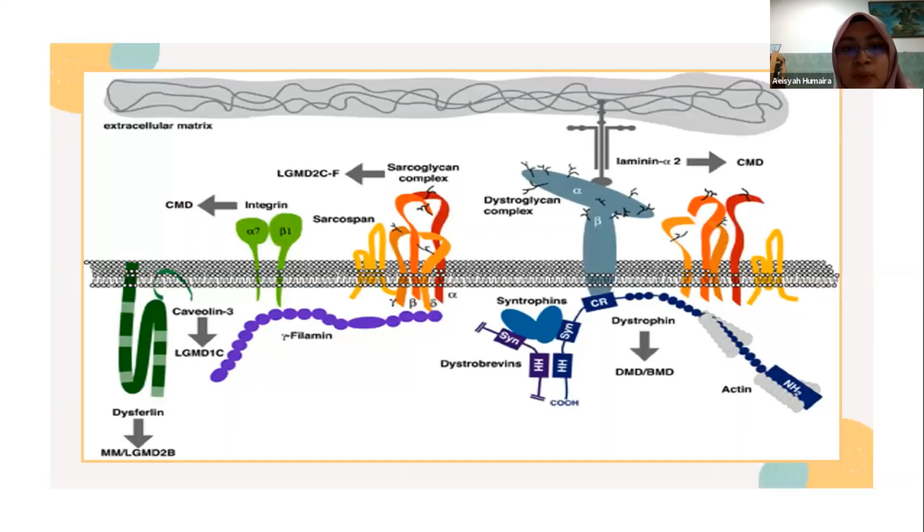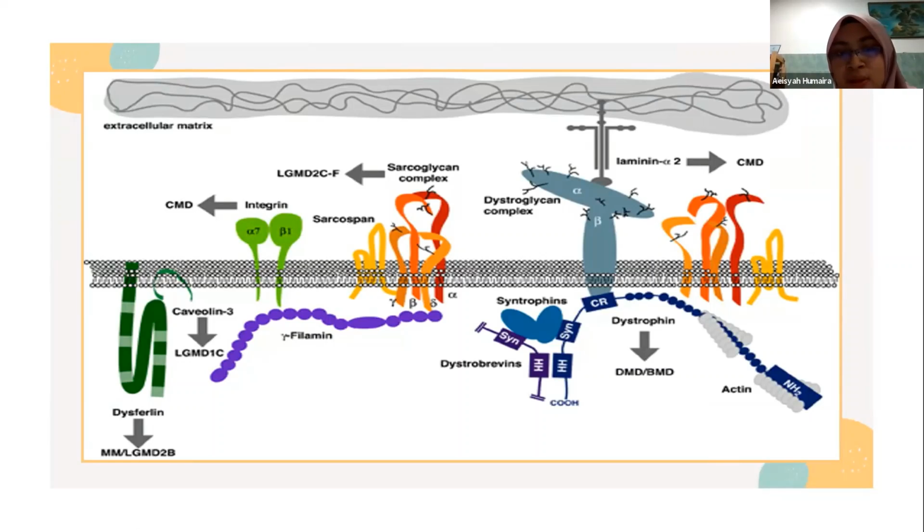So these are the proteins at the muscle. For the dystrophin, if there is a genetic mutation in the dystrophin, it can cause Duchenne and Becker muscular dystrophy. So Duchenne muscular dystrophy and Becker muscular dystrophy are called dystrophinopathies.